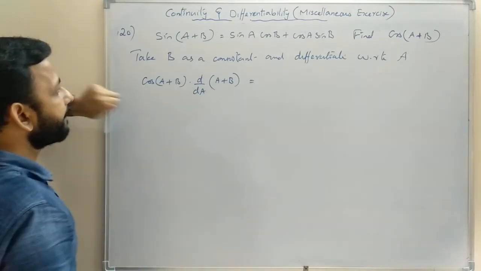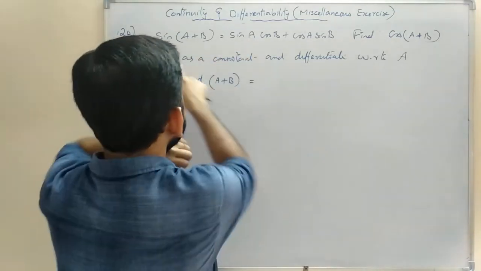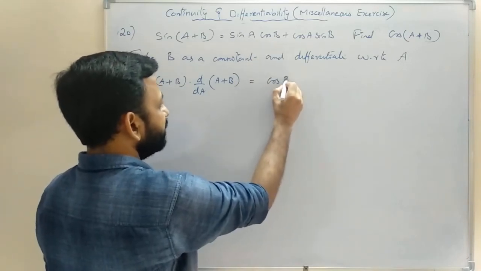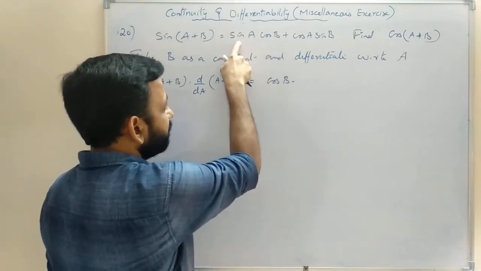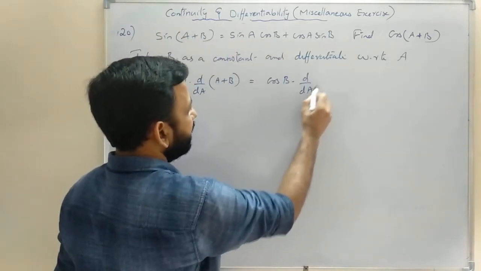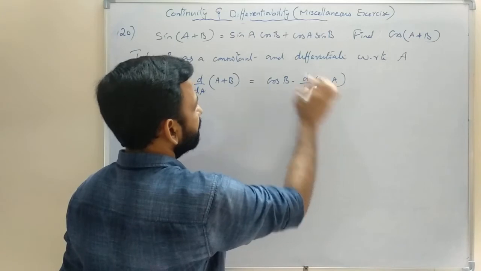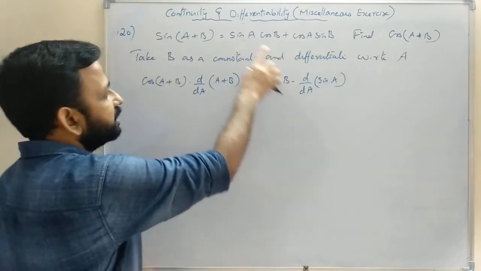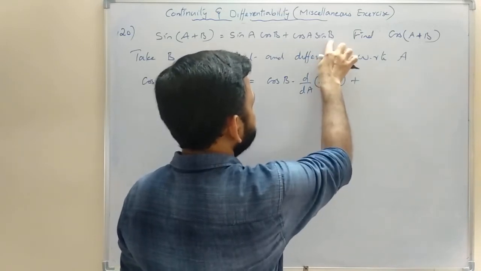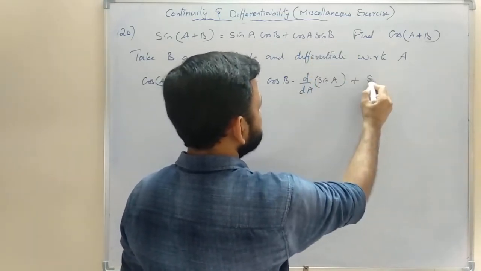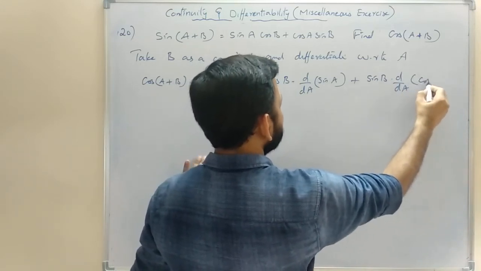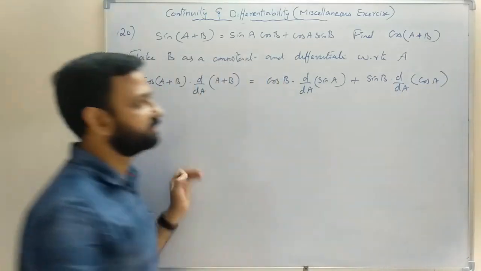On the right side, B is a constant, so cos B stays outside, into d/dA of sin A, plus sin B outside, into d/dA of cos A.